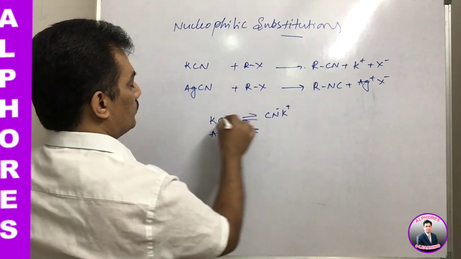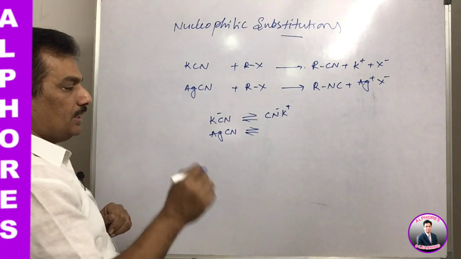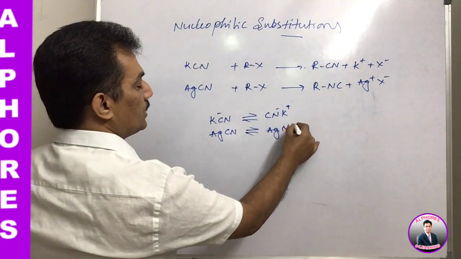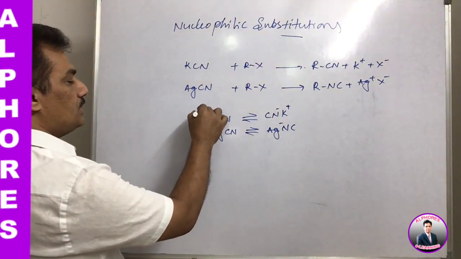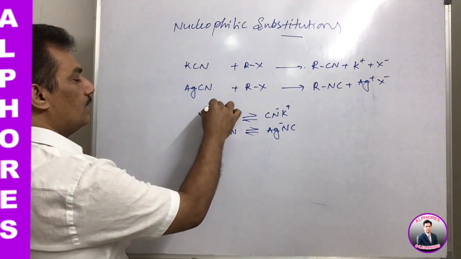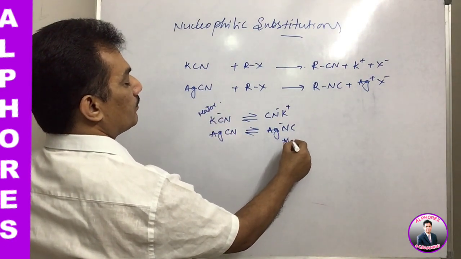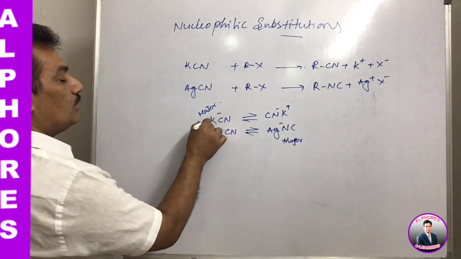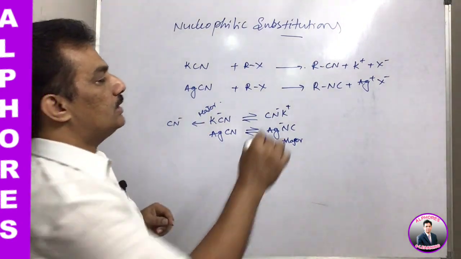That is, this may be present like this or like this. AgCN and AgNC both are present, but of that, this is major in case of KCN and in case of AgCN this is the major form. So when it is the major, most of KCN will release CN minus. That's why this is the major product.